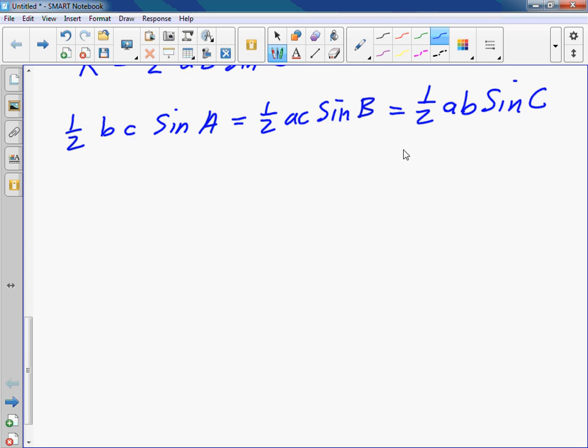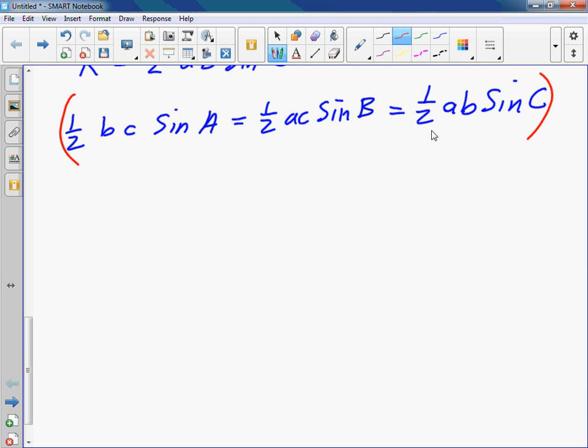What could I do to clean this whole thing up? Well, we're going to do that later, but not yet. Now we've got to honor all 3 of them. Yeah, there are common terms. There's a 1/2 and a 1/2 and a 1/2. What could we do to those to clean things up?